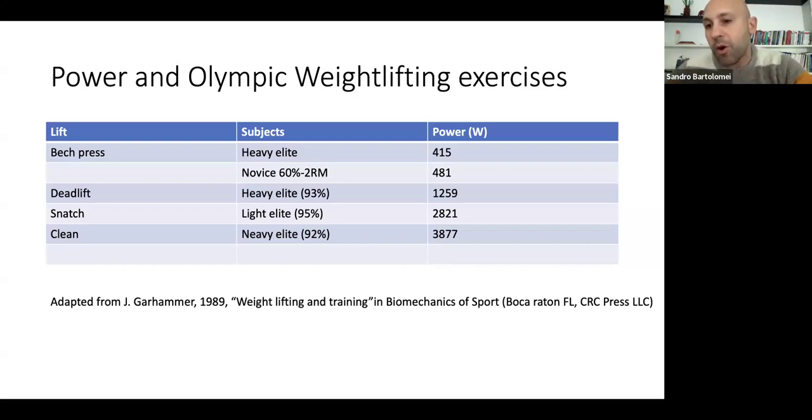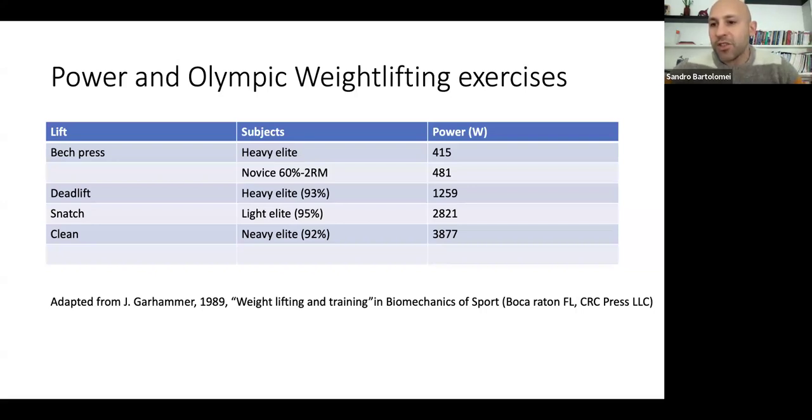However, if you lift more not because you are more powerful, but just because your technique is better, and you go more down to the bar and you lift the bar at a lower height and you go under the bar, as weightlifter athletes do, at the end, the correlation between this performance and your actual throw is lower.